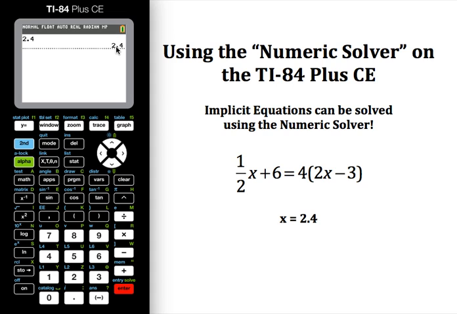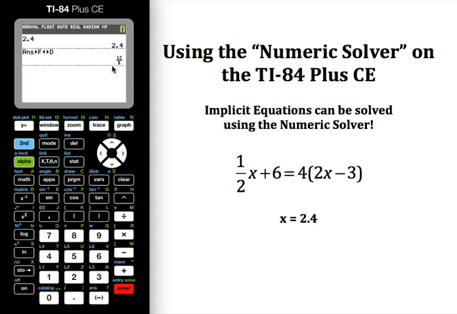Now if I want to convert it, I can do alpha y equals. Here's my menu. I want to go from a decimal to a fraction, so I'm going to select 4 and hit enter. That gives me the equivalent improper fraction.